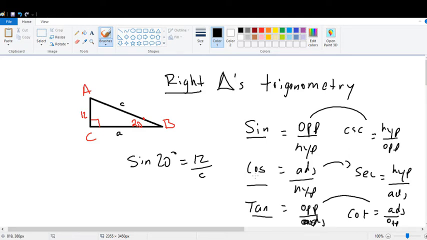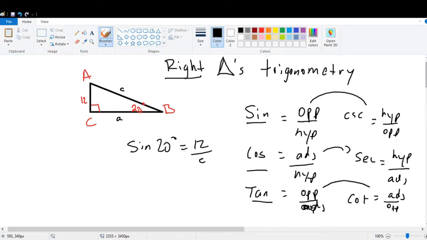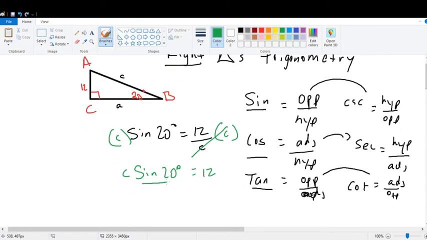Okay, so there's a few ways I can tackle this problem. First way is, well, I can multiply both sides by c to isolate c. So that will give me c times sine of 20 degrees equals 12. And then from here what I can do is divide everything by sine of 20 degrees.